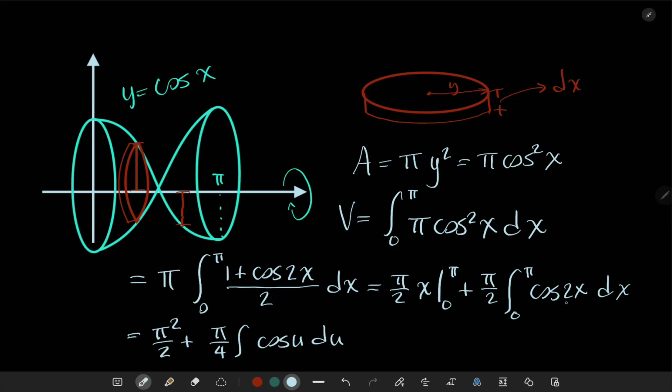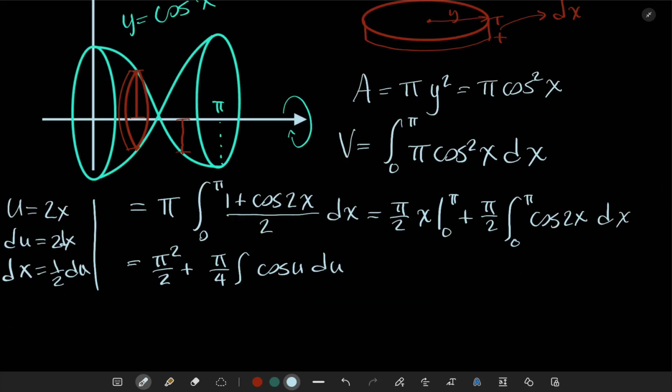Let me just write my substitution. u equals 2x, and then du is 2dx, and from that I get that the dx is 1/2 of the du, and that's where the 1/2 came out here. All right, so when I evaluate at x equals 0, I get u is 0, and whenever x is pi, I plug it in here, and u is 2 pi.